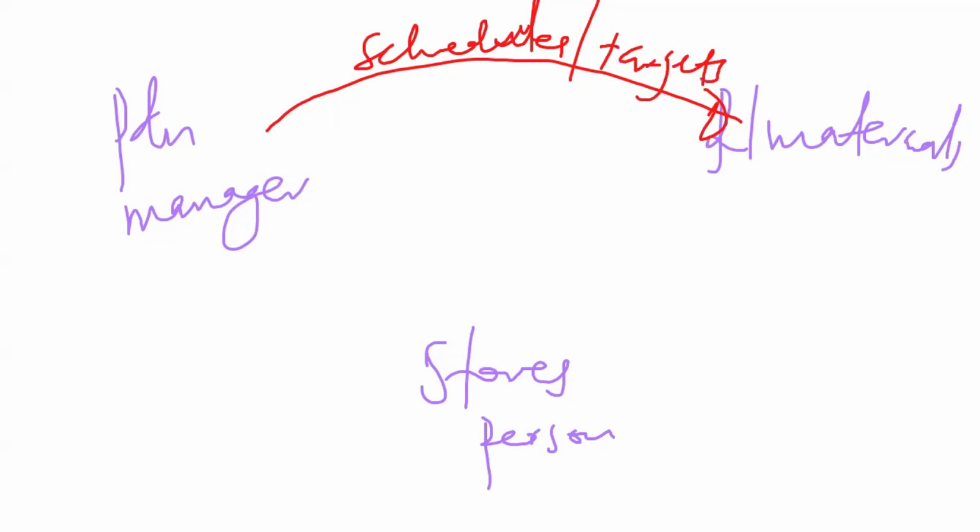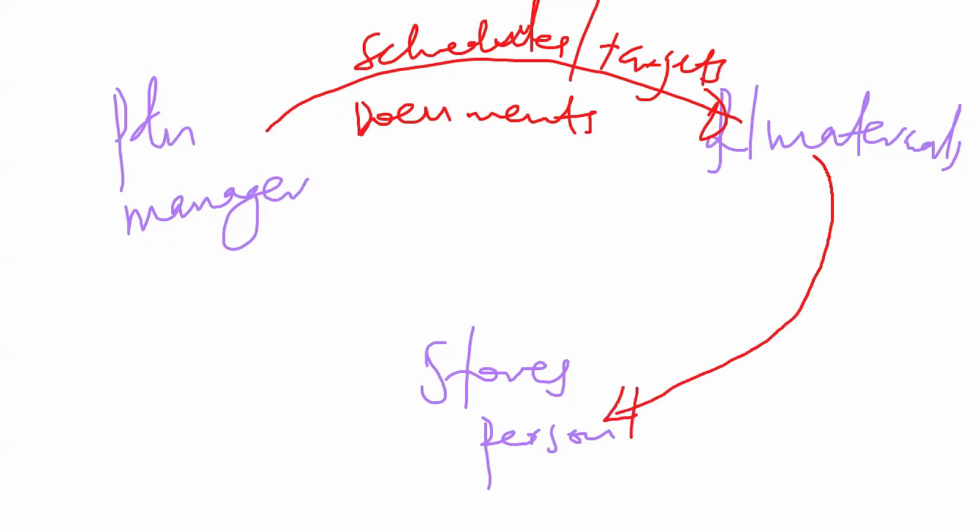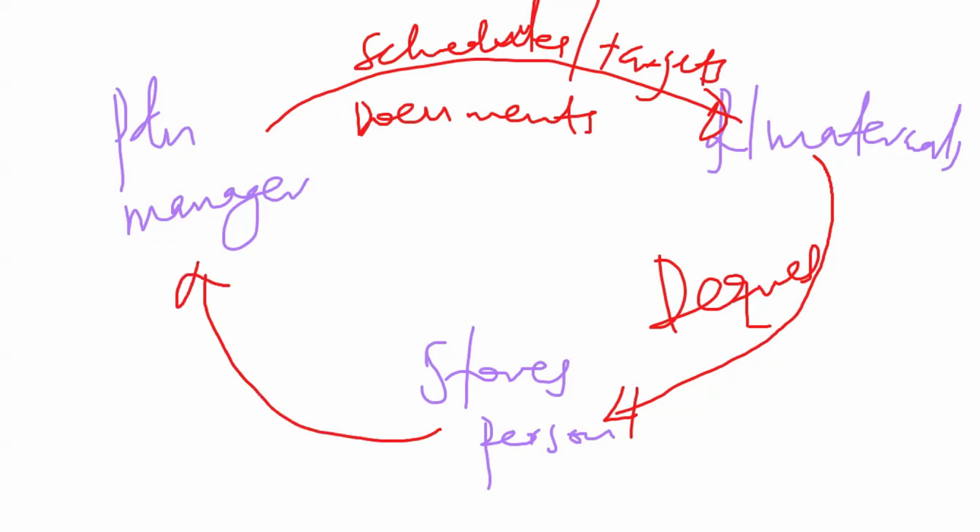But as you request raw materials, you have to submit documents. And these documents are going to be taken to the stores. So you make a request, and the stores is going to supply the raw materials.